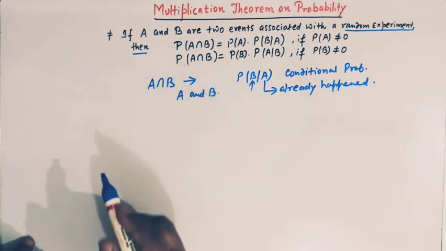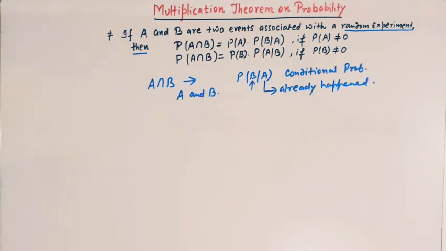So the multiplication theorem on probability helps us in computing the probabilities of simultaneous occurrence of two or more events associated with a random experiment.